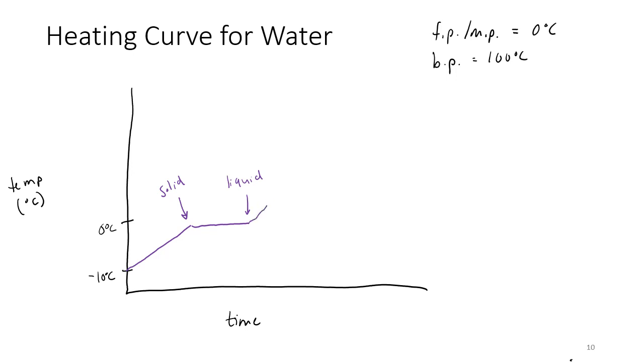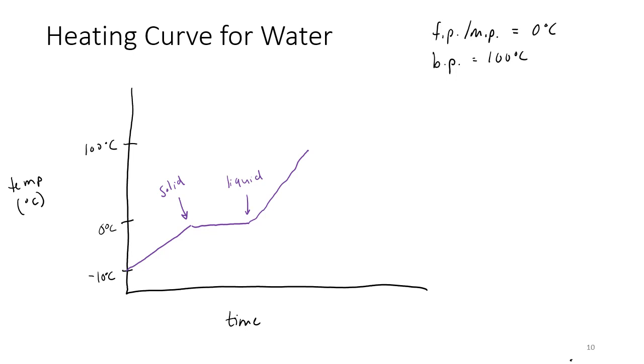Let's imagine that we keep heating up our liquid water now. The energy that we add to the system is going to be put into increasing the temperature. It's going to keep increasing until it reaches water's boiling point, which is 100 degrees Celsius.